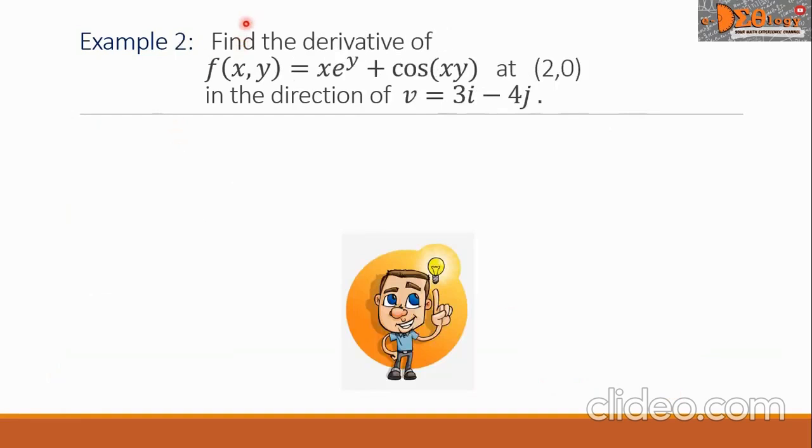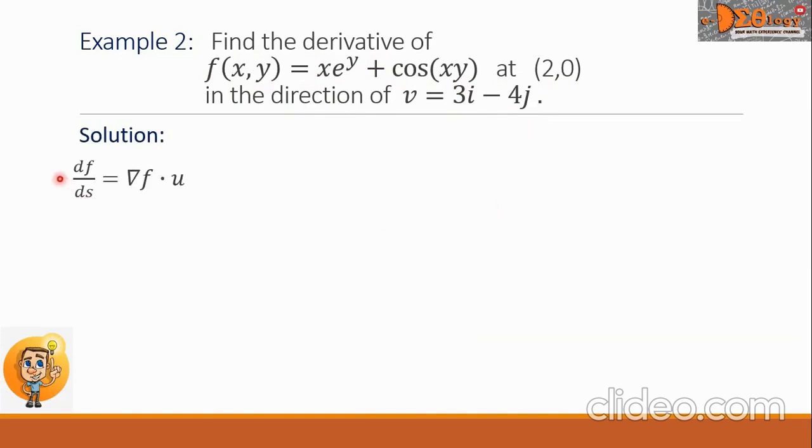Example 2. Find the directional derivative of f of (x, y) equals x e raised to y plus cosine of the quantity xy at the point (2, 0) in the direction of v equals 3i minus 4j.